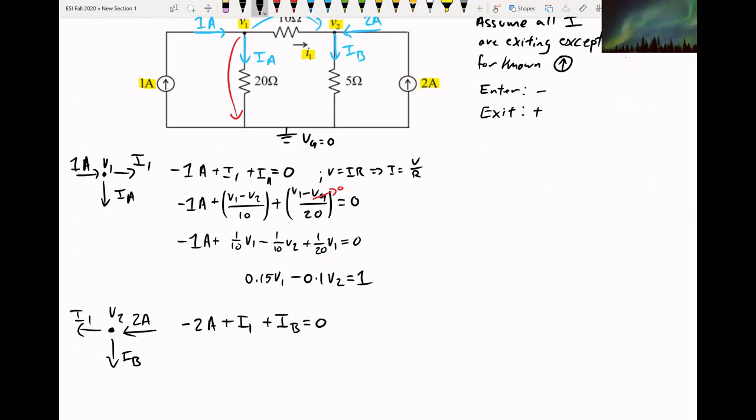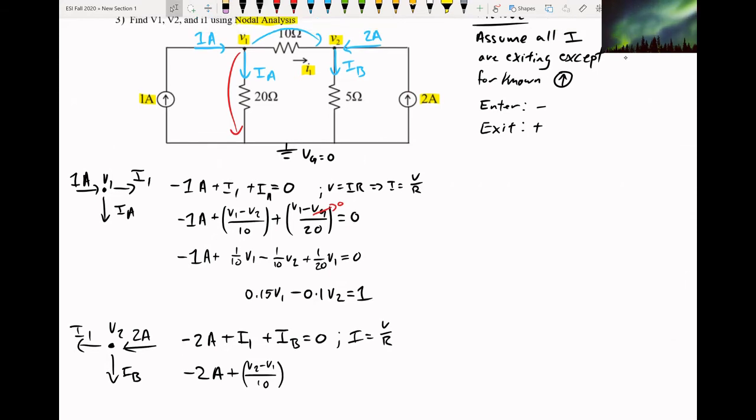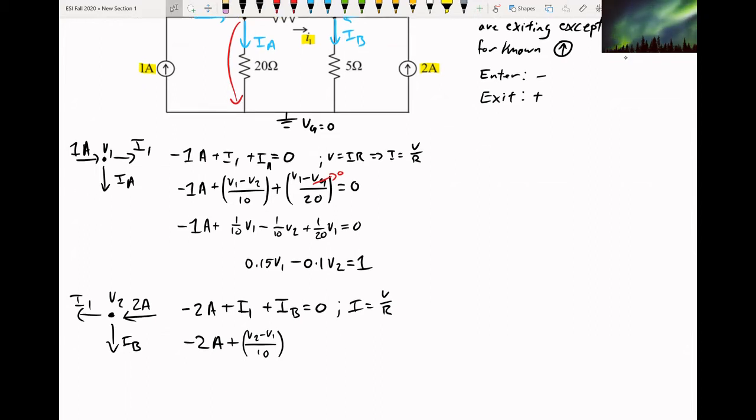Once again, I is equal to V over R. So minus 2 amps plus I of 1 is now V of 2 minus V of 1 over 10, because now we're going from V of 2 to V of 1. And then I of B is going to be V of 2 minus V of G over 5, because we're going from there to ground.